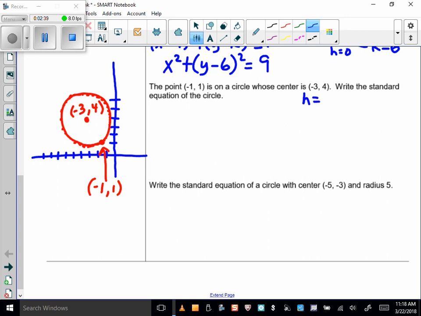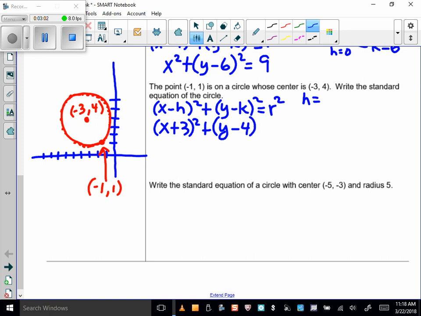Here's our equation: (x minus h) squared plus (y minus k) squared equals r squared. If h is -3, then I've got to do x minus -3, which is going to be (x plus 3) squared. And if k is 4, that'll be (y minus 4) squared. And, oh, I don't know the radius. Shoot, so I can't finish it.